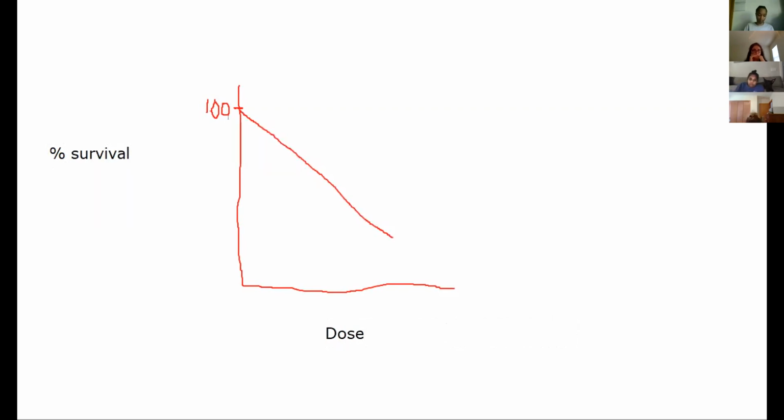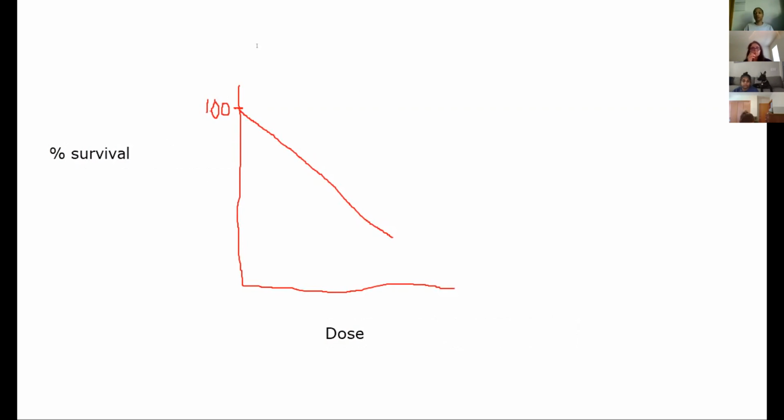Where the curve begins, right here, that's 100% survival. As soon as we start to administer dose, cells start to die, and so the line starts to move downward. It has a negative slope.